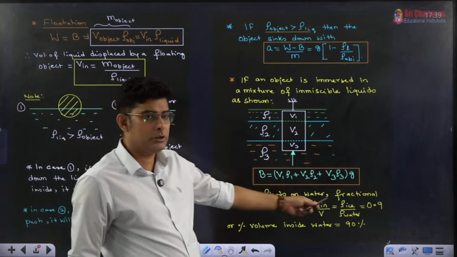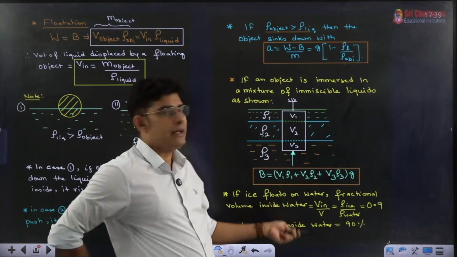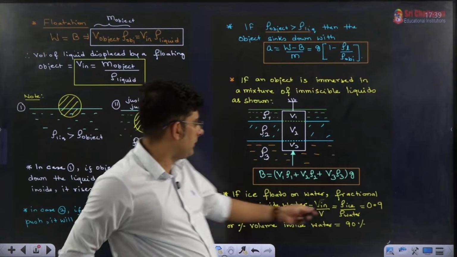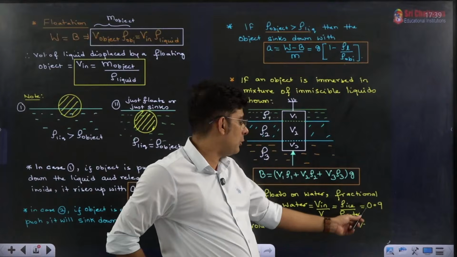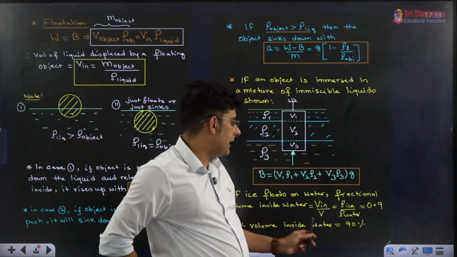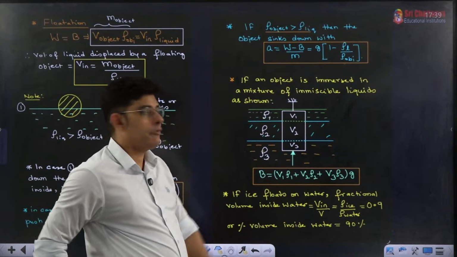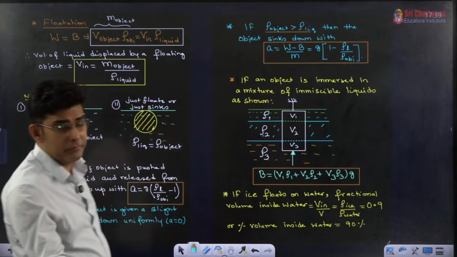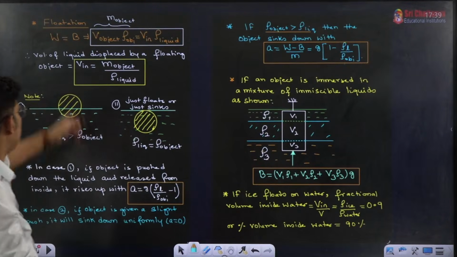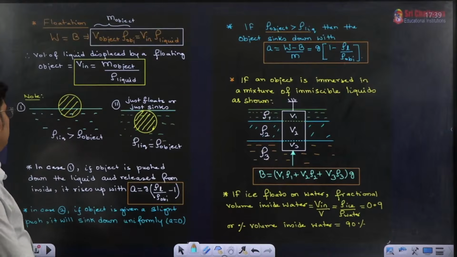If ice floats on water, they will ask what is the fractional volume inside water. So you will say volume inside by total volume. So it will become rho ice by rho water. Rho ice by rho water is how much? 0.9. Relative density of ice 0.9 means the percentage volume of ice inside water will be 90%. Whenever ice floats on water, 90% is inside, 10% is outside. So this we can find the volume of displaced liquid.